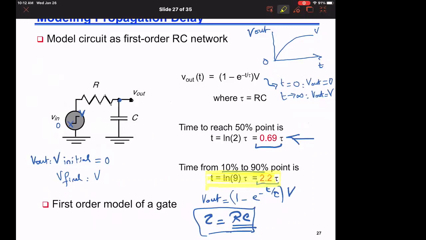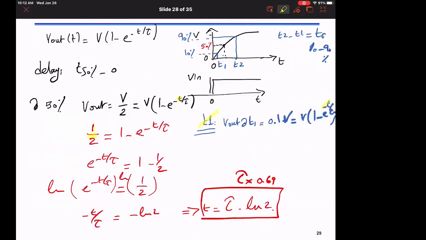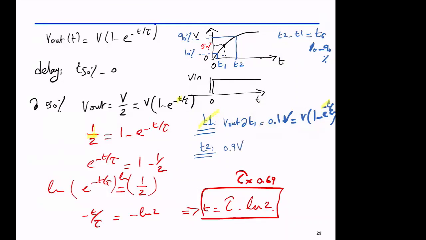Does anybody have any questions about how we can derive T1 and T2? For T2, we put 0.9 V equal to V times (1 minus e to the minus T2 over tau), solve, and finally take the difference to get the rise time. Any questions?